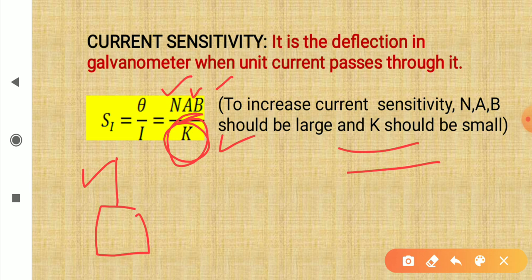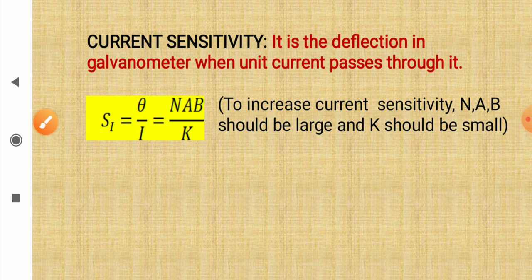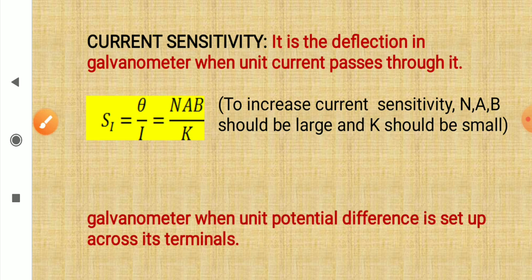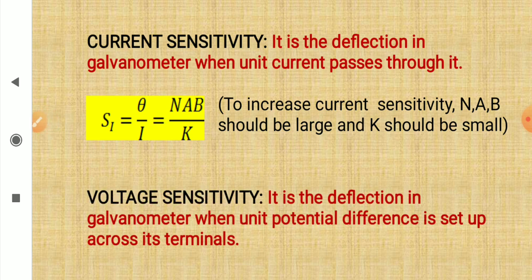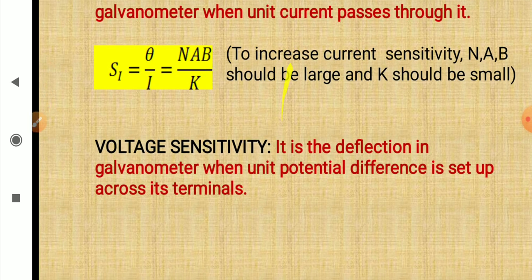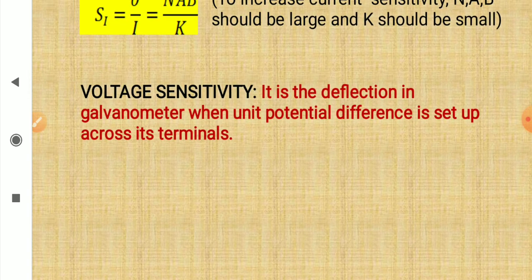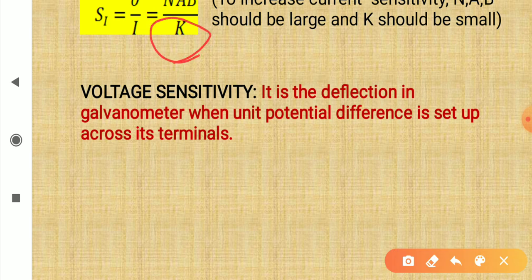So that is why we use phosphor bronze wire, because it has small value of K. So आपको ये भी पूछ सकते हैं कि what is the role of a phosphor bronze wire? Why do we use phosphor bronze wire? So you should know that it has very small value of K.